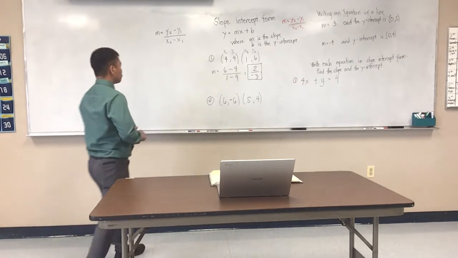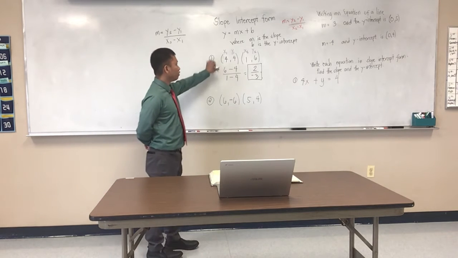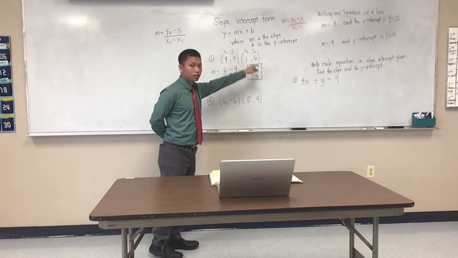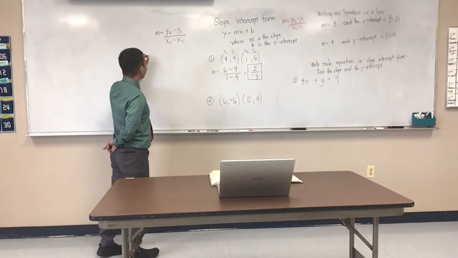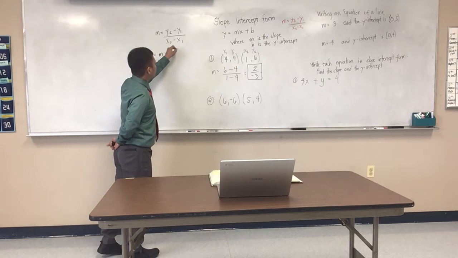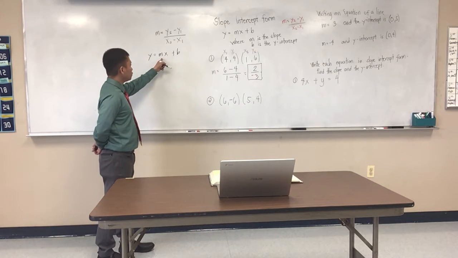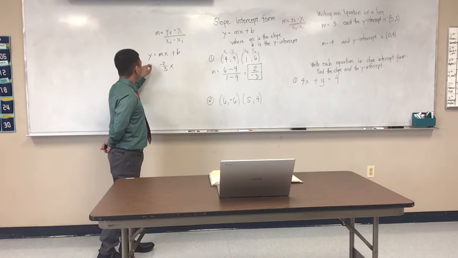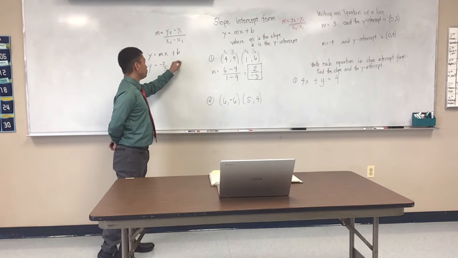To solve for b, we can use any of these points, 4, 4 or 1, 6. The slope-intercept form would be y is equal to mx plus b. We know already our m or slope, negative 2/3 x. So our equation now would be y equals negative 2/3 x plus b.